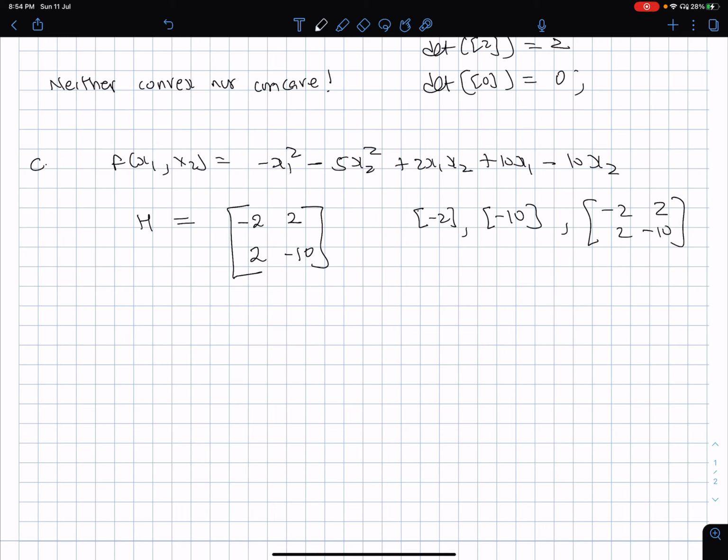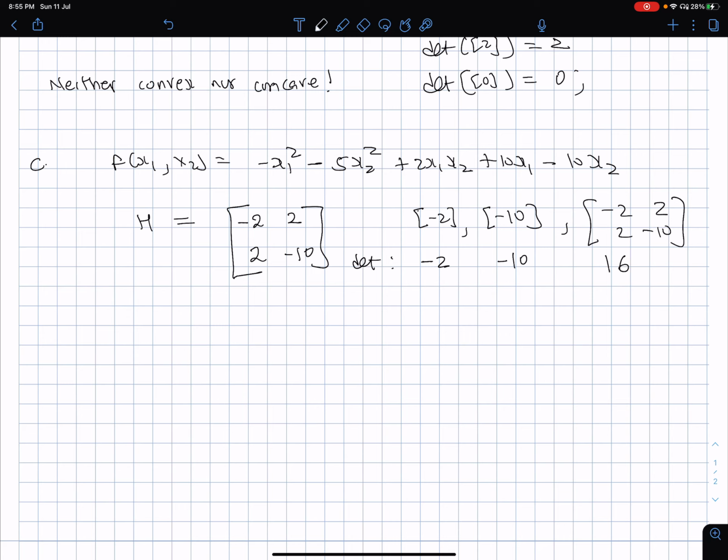If I calculate the determinant of the first, it is -2, of the second, it is -10, and of the third, it is 20 minus 4, which is 16.